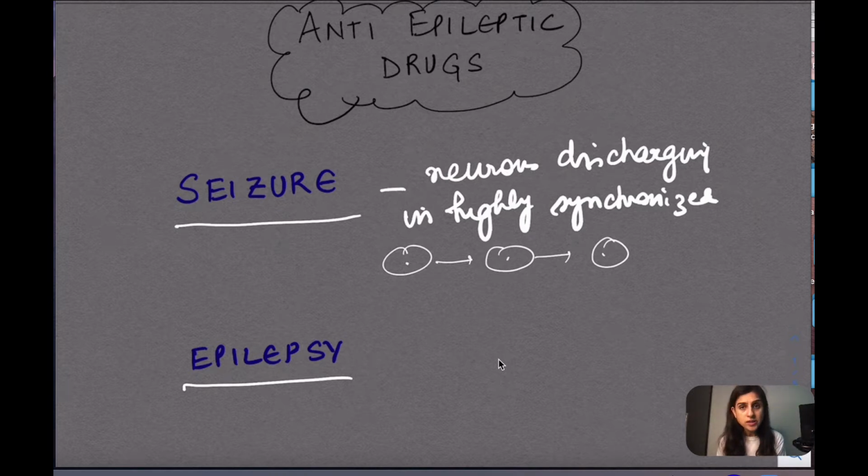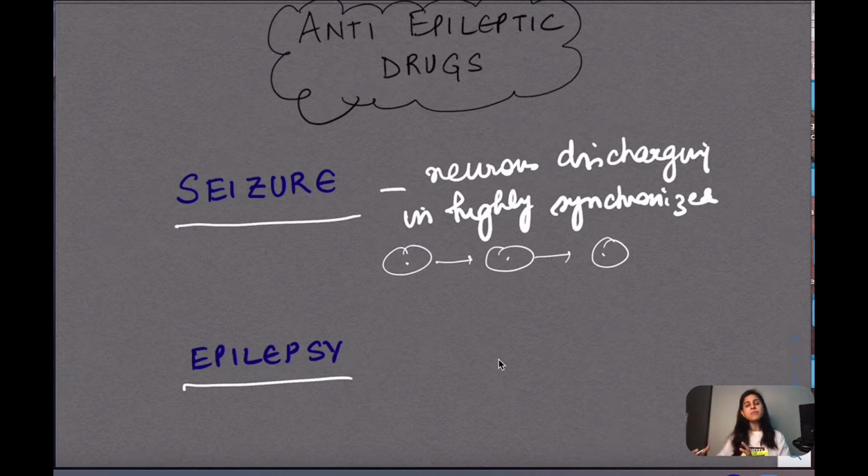where seizures occur because of high grade fever, and this is true for children up to around 5 years of age, when they have very high grade fever. They can develop febrile seizures, for which we give diazepam by the rectal route. Then seizures can be because of certain drugs. It can be because of certain conditions like hypoglycemia and all those conditions.